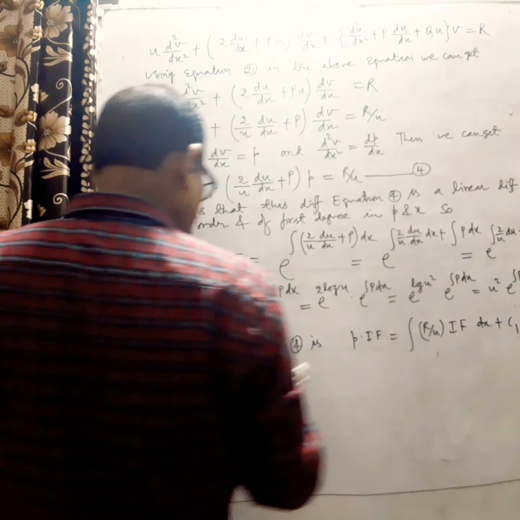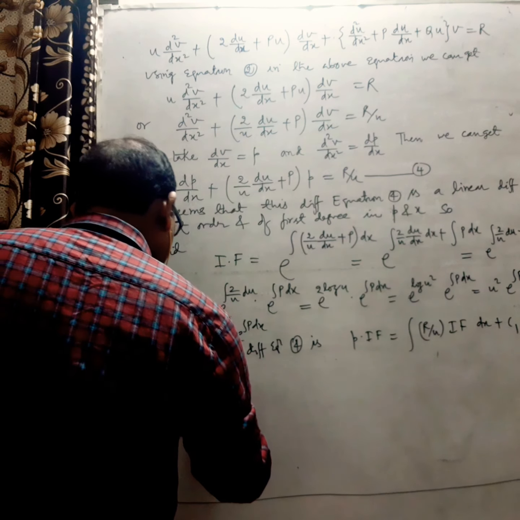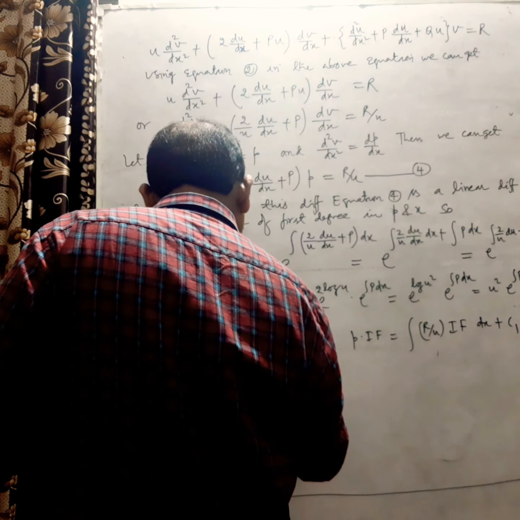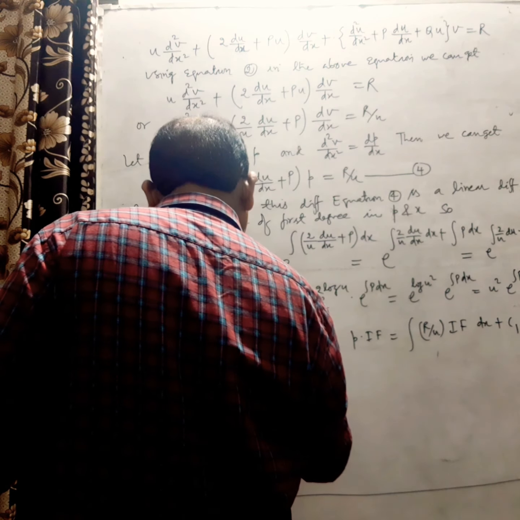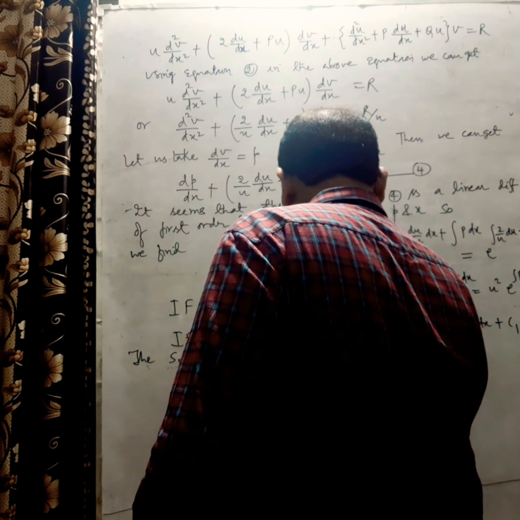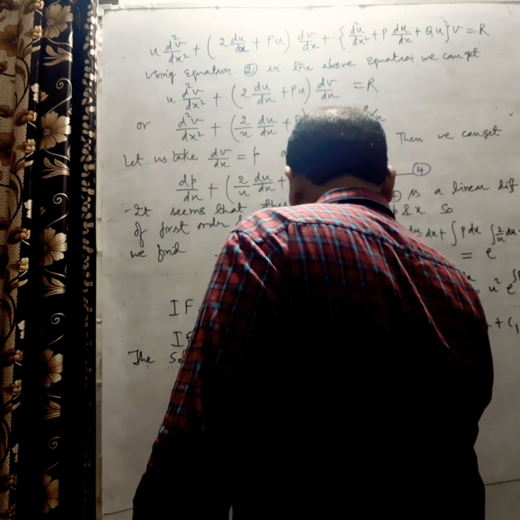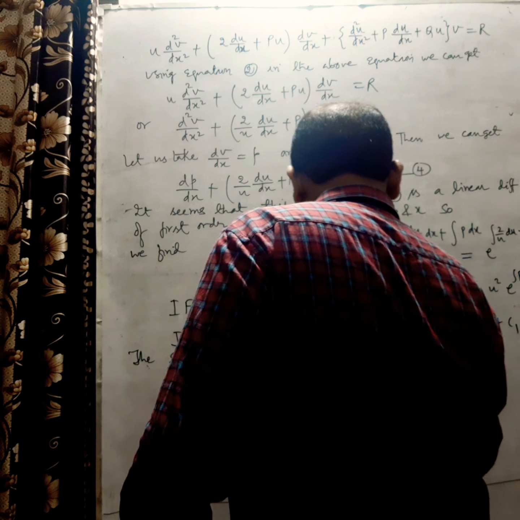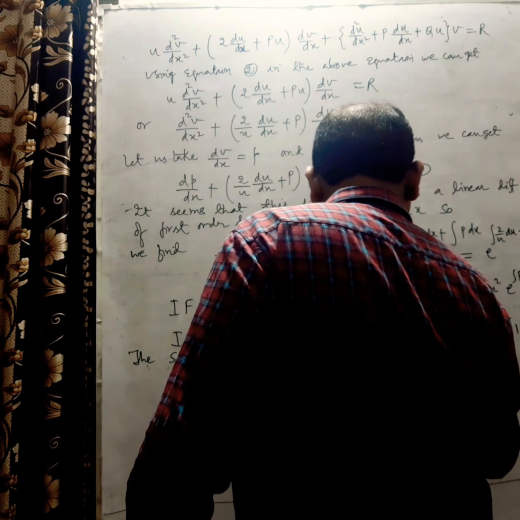So here p into integrating factor is u square e to the power integral P dx, equals integral of r by u into u square e to the power integral P dx, entire integration, plus a constant c.